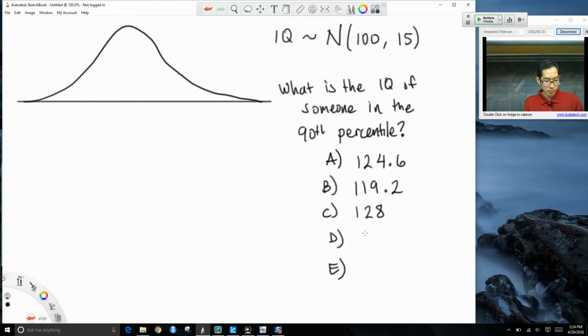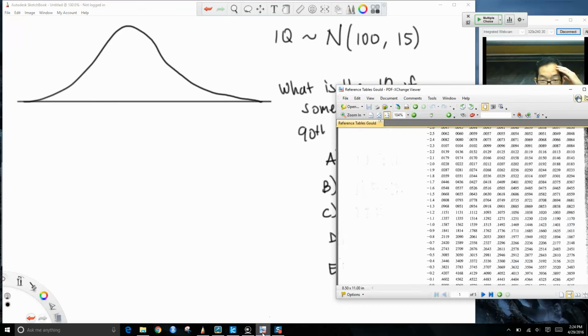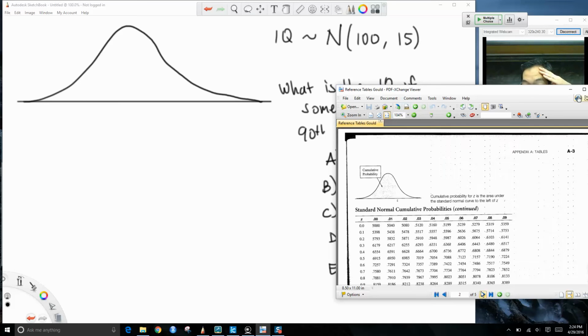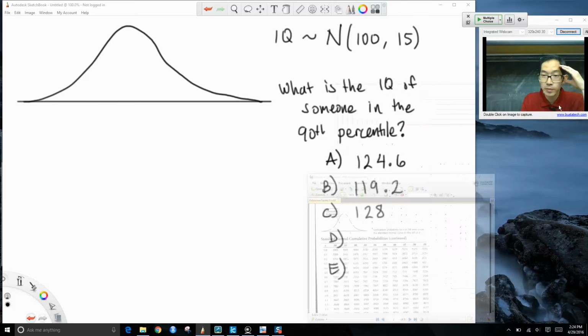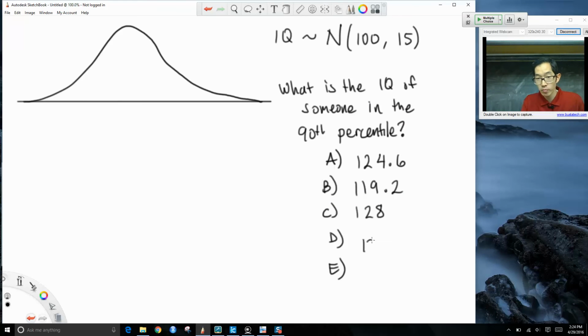Let's see. So the 90th percentile means 90% of people have scores lower than this.